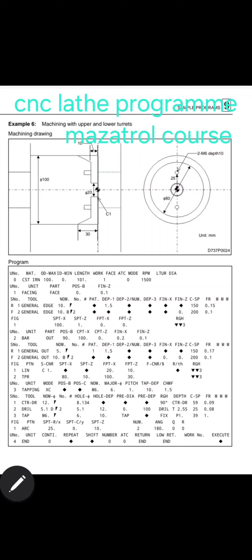So we start H, and then we start power from this one to this one from program lines and TPR, and then we tap. Drill 2 holes, we drill 5.1, we tap M6.